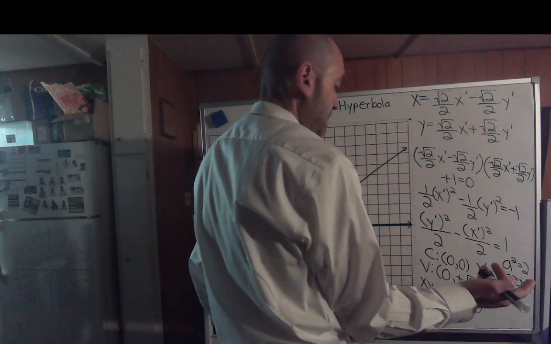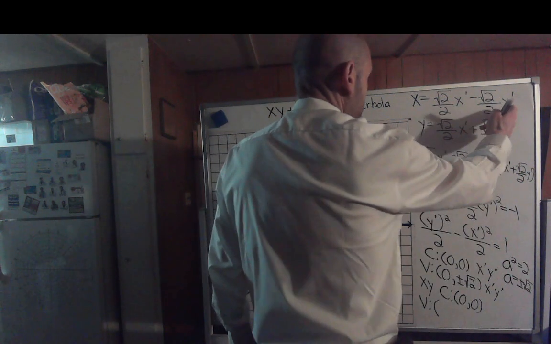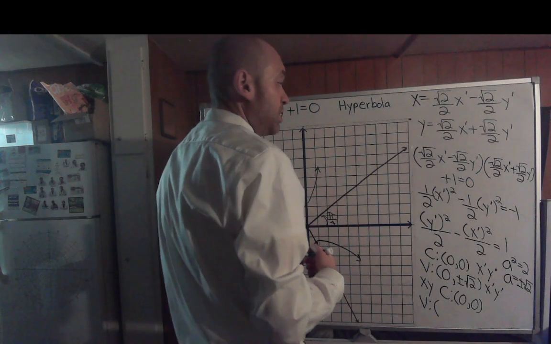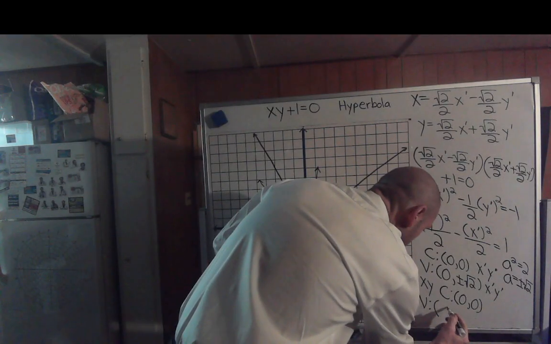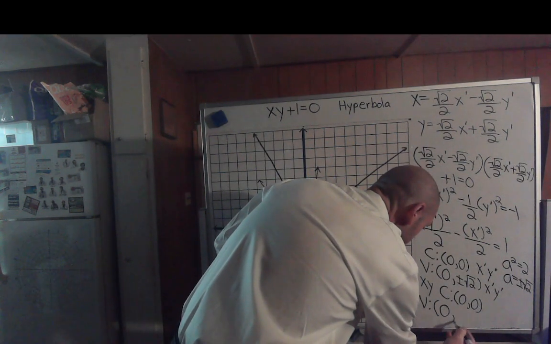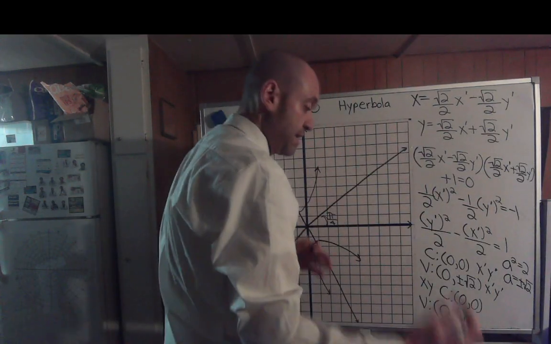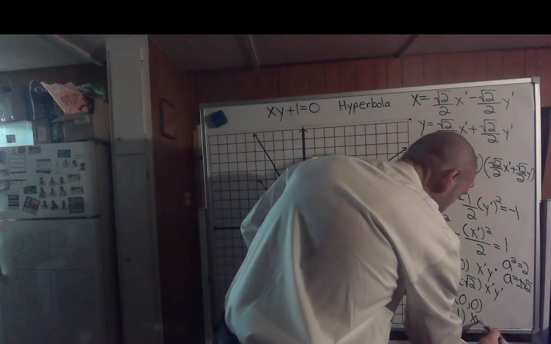Let's put in positive square root of 2. I'll end up getting, that would be negative 2 over 2, which would be negative 1. If I put it in here, I'd have positive 1. So my vertices are the equivalent to 0, 1 in the xy plane.